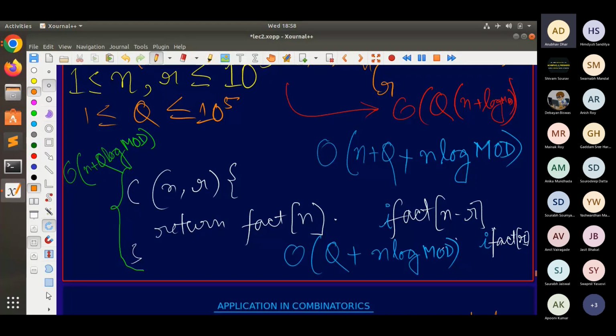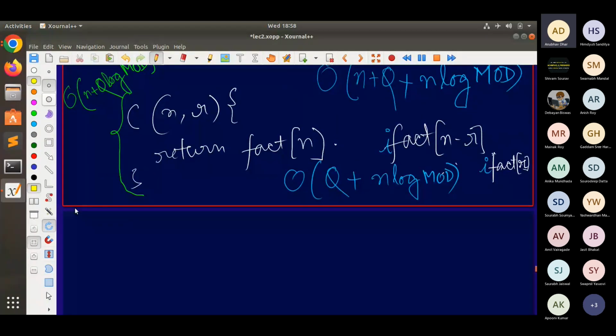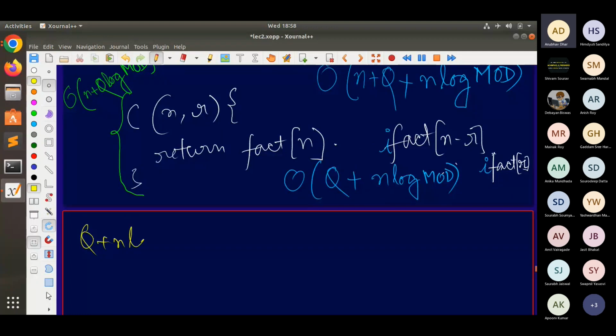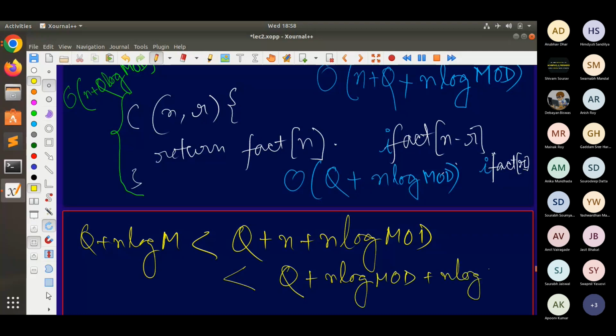Because let's see why this is true. q plus n log mod is less than q plus n plus log mod, which is less than q plus n log mod plus n log mod, which is just 2 times this, so less than 2 times (q plus n log mod).